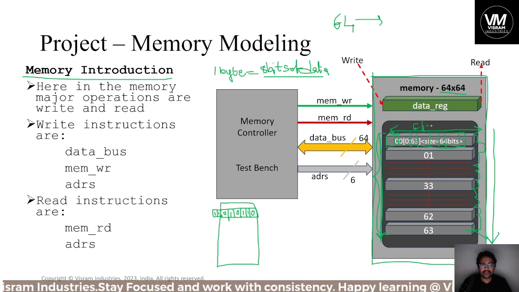Now the width, this 64 bits in one register, is called the width. Such a simple understanding of the matrix. This is width and this is depth.